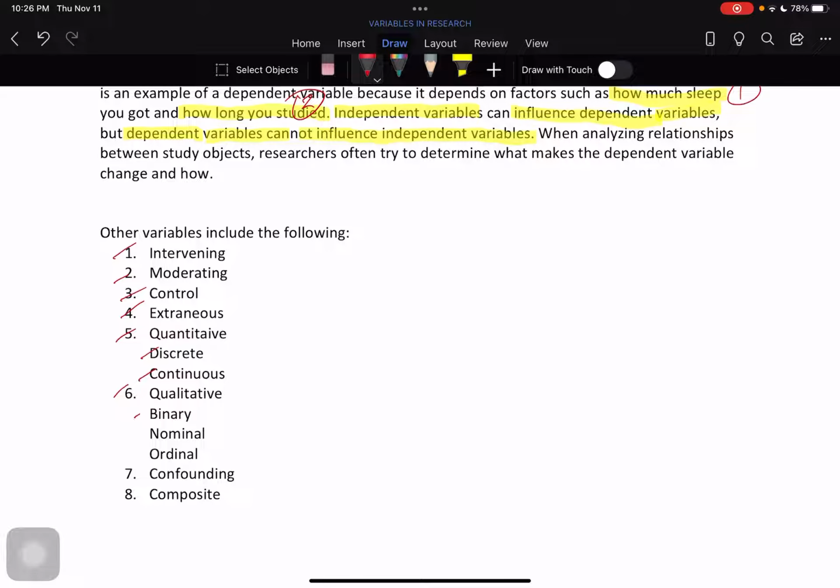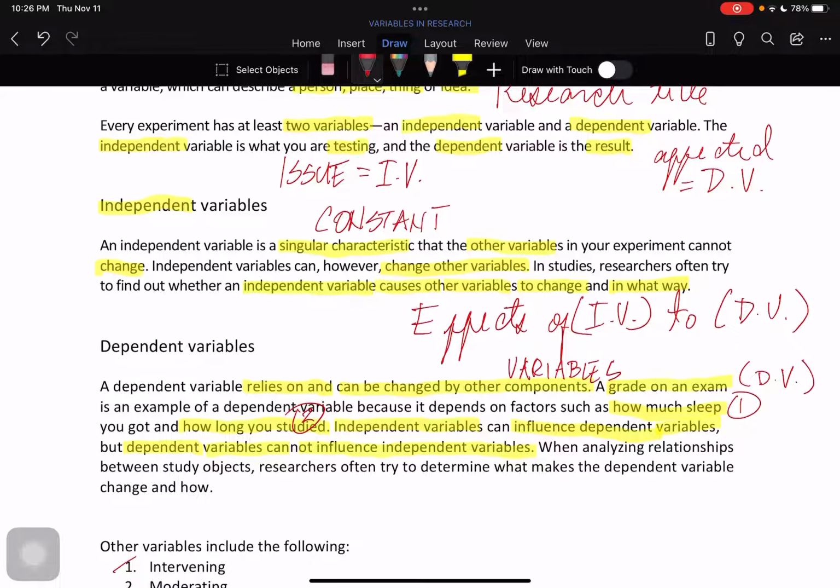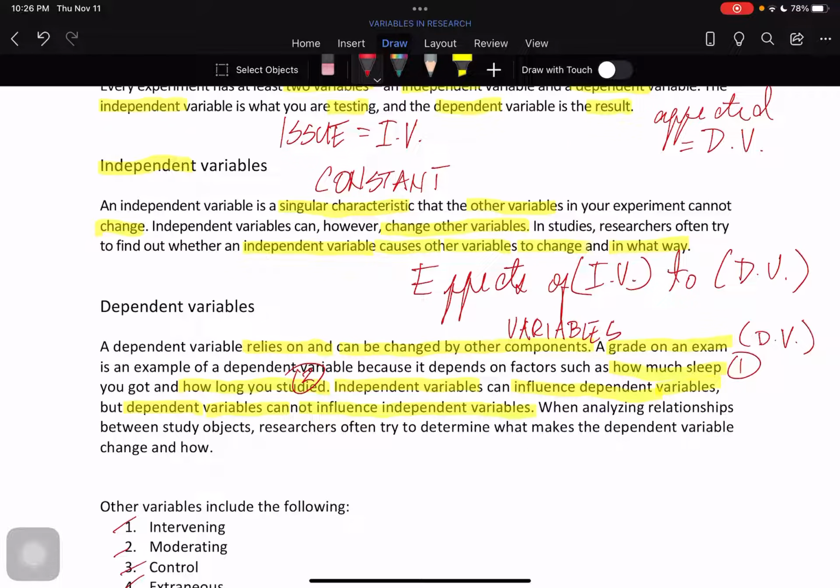Under qualitative you have binary, nominal, and ordinal, and then you have confounding variables and composite variables. I will try to make a separate video on these variables, but right now we are going to focus on these two variables because this is the most frequent question that I get asked during my YouTube videos: the difference between these two variables and how they can be identified in a research title.